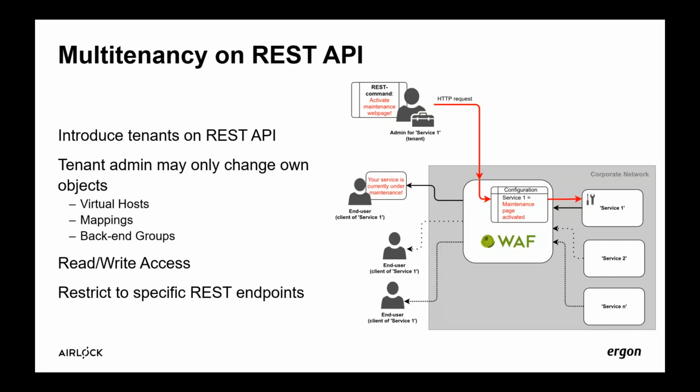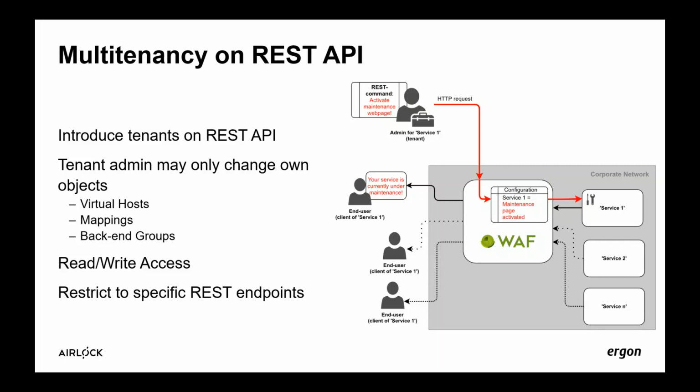So this admin will only be able to see those objects when using the REST API. Generally, this person will have read-write access. And then you can go on and restrict the read-write access. For instance, you can say, okay, this person has no write access at all. This person can only read any object through the REST API.